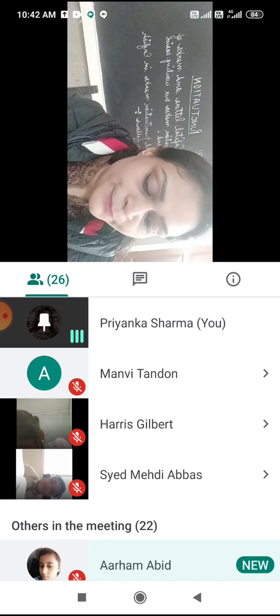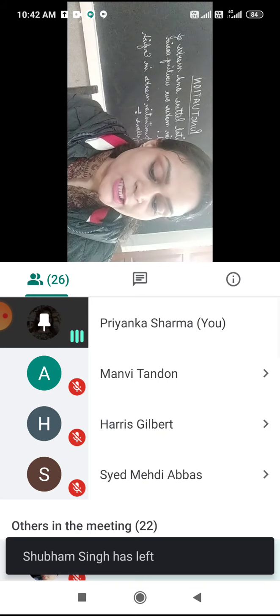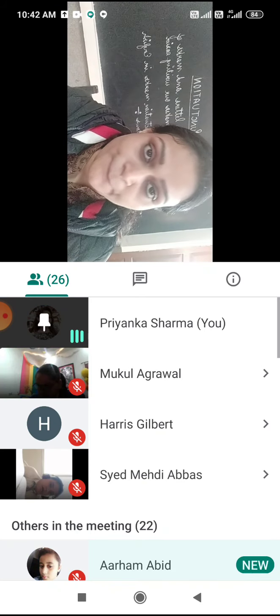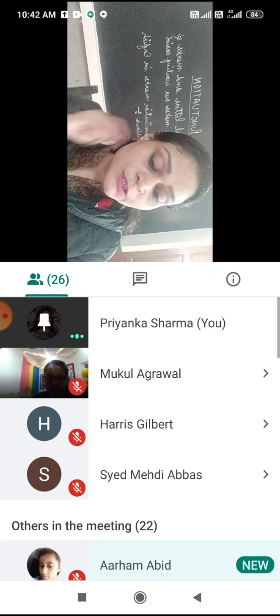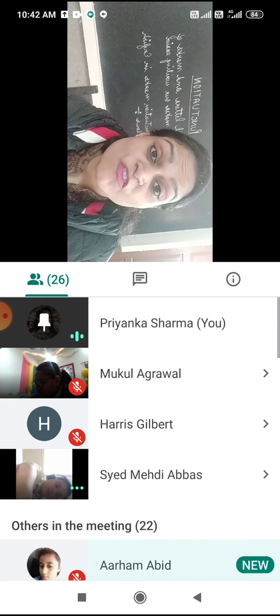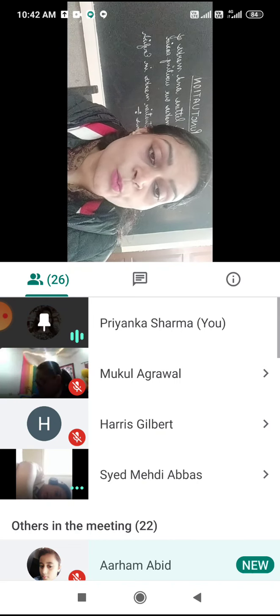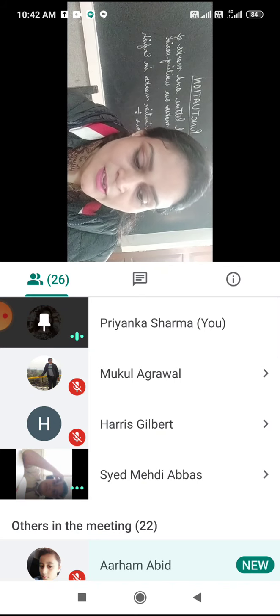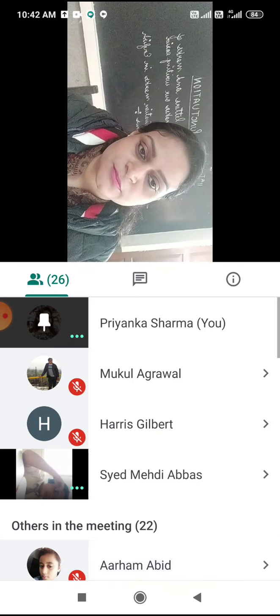And one example, Mother's Day is on the second Sunday of May. Now you are going to read the example, it will be more clear to you. Mother's Day is on the second Sunday of May. Can you read the highlighted letter? Which letter here is highlighted? S of Sunday and M of May.